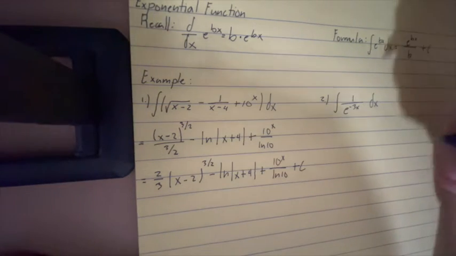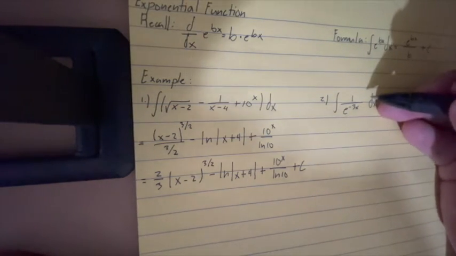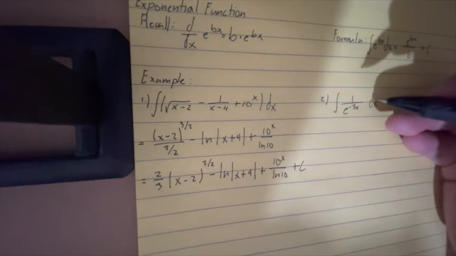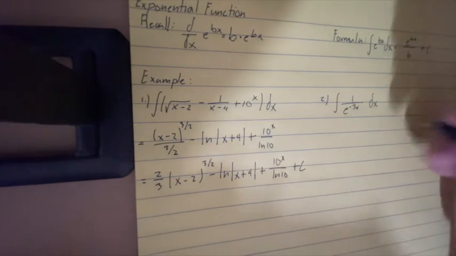For number 2, we're going to solve the integral of 1 over e raised to the power of negative 3x dx.